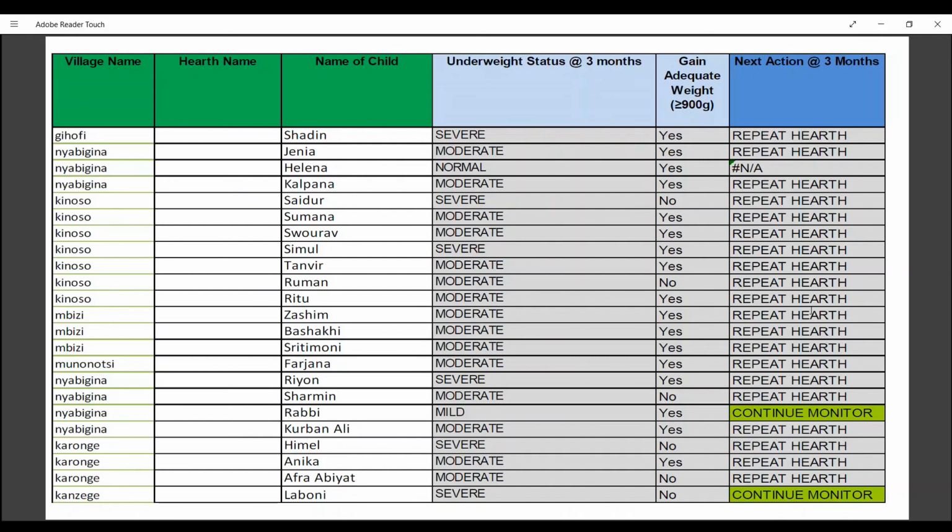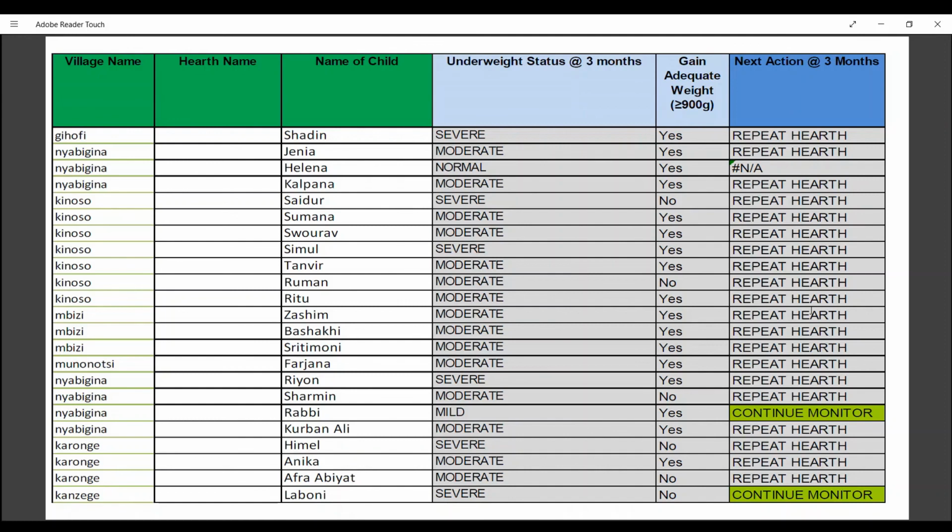So when you look into the data, you have to think about all that and always go back to provide follow-up and to give reflections with the volunteers and with the mothers about some of these challenges and how to overcome them. As you move into the new HEARTH sessions, you will find new practices, new challenges that you will have to learn in the community with the volunteers and the mothers about how you can overcome them.